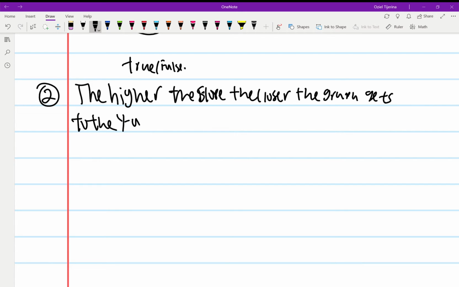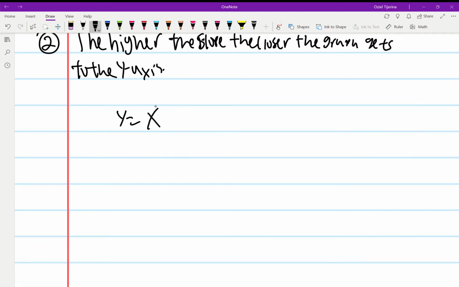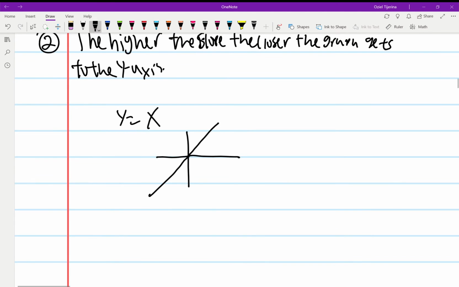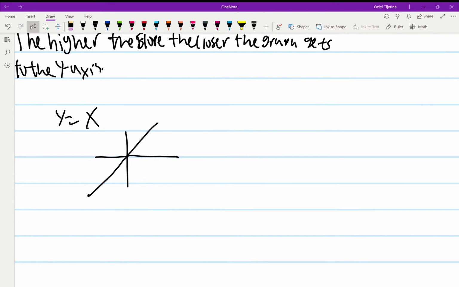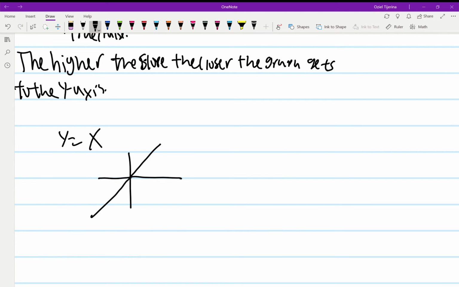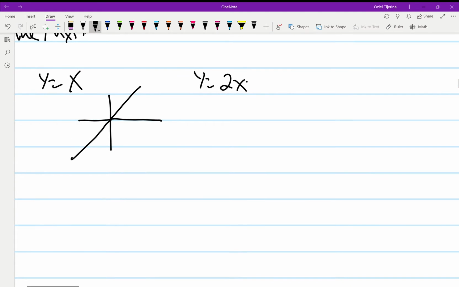So basically, when you have a slope, let's say you have y equals x, that's a graph that's like this. Well, as it increases, let's say we have y equals 2x, that would be something like this.